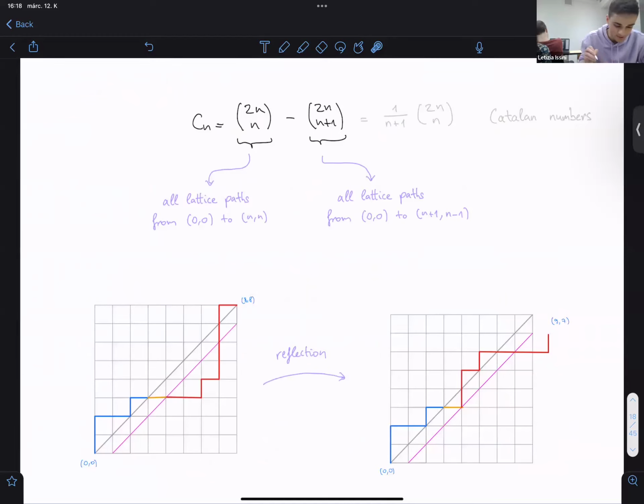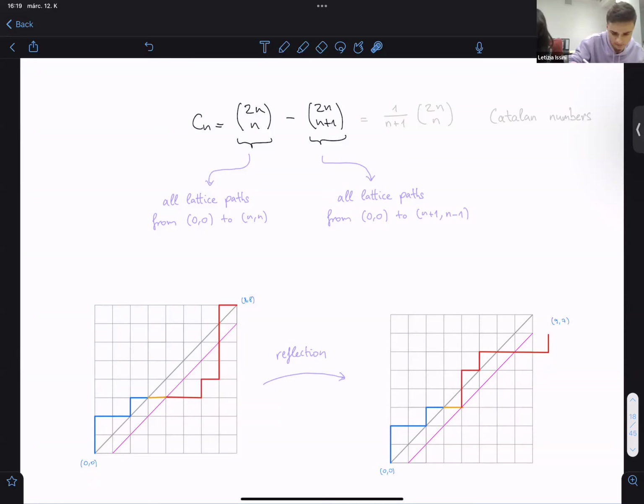That would be 2n choose n, and then dismissing all the bad ones. So the bad paths are exactly the ones that cross the diagonal at some point. And well, if you cross the diagonal, you're bound to at least touch this pink line below the diagonal.